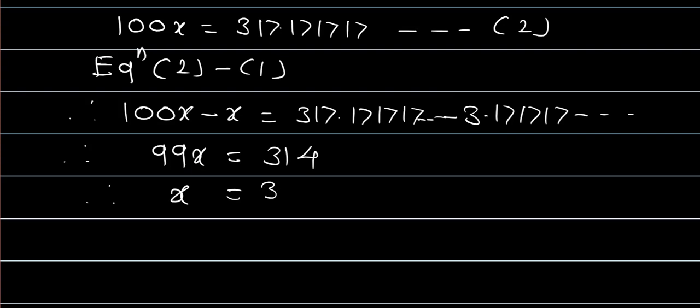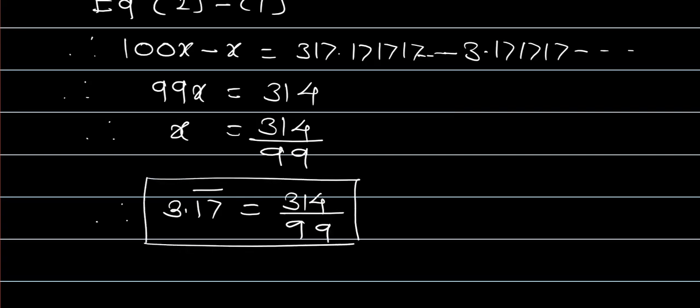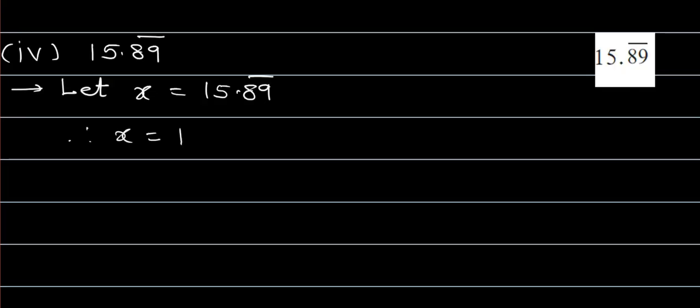Therefore, x equals 314 upon 99. Therefore, 3.17 recurring is equal to 314 upon 99. This means that whenever two digits repeat, the denominator is always 99.